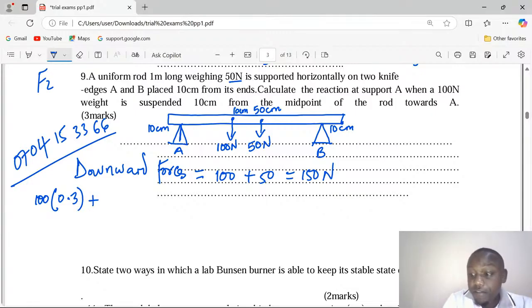Plus, for 50, with reference to point A, we will have 0.4 meters because it is 40 centimeters.